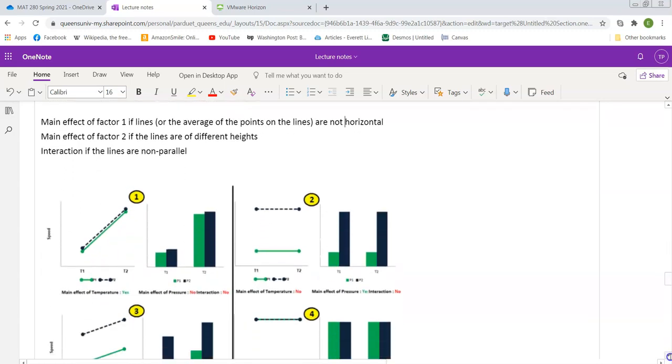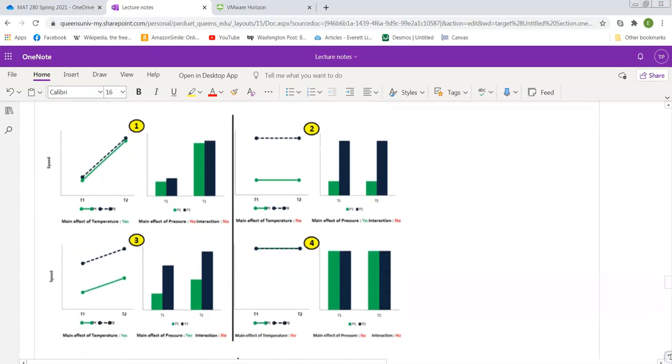I've got this, which I just flat out stole from the Six Sigma website. Theirs is temperature versus pressure. So this is the temperature and this is the pressure. And this is showing all of the different combinations of main effect of this variable versus main effect of this variable versus the interaction.